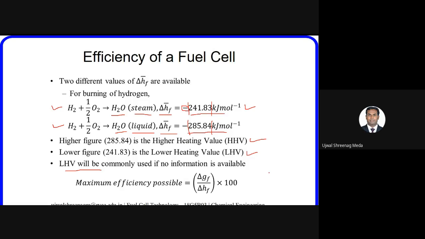So now, if we try to figure out the maximum possible efficiency of a fuel cell, in that case, we have to take the ratio of the change in Gibbs free energy of formation per mole and the change in enthalpy of formation per mole. So this is the maximum available out of that. So this is what can be utilized. So this is how we can calculate the maximum possible efficiency of a fuel cell.